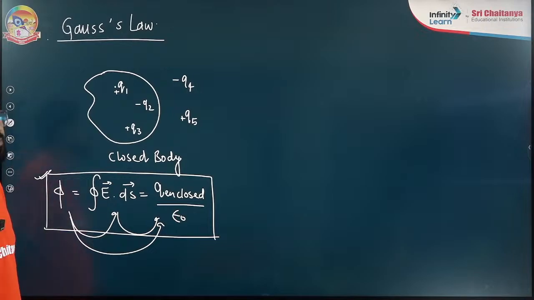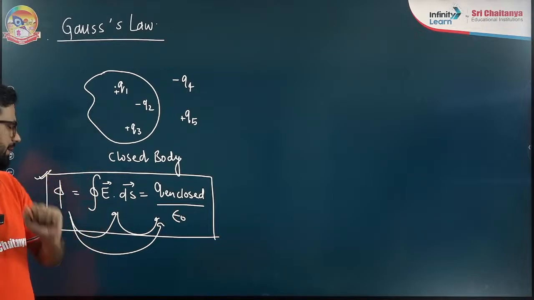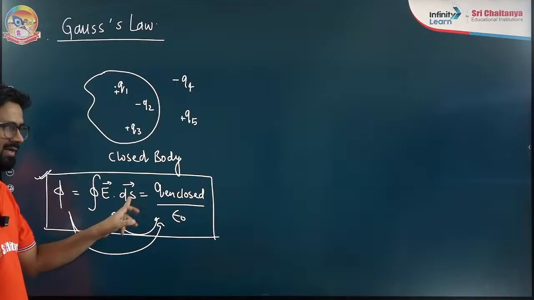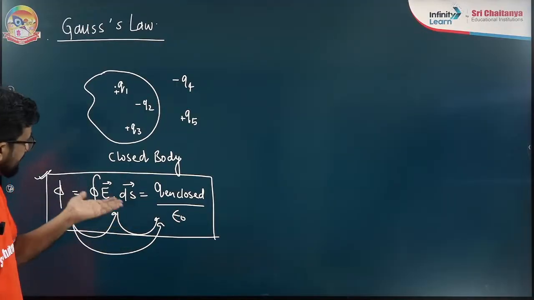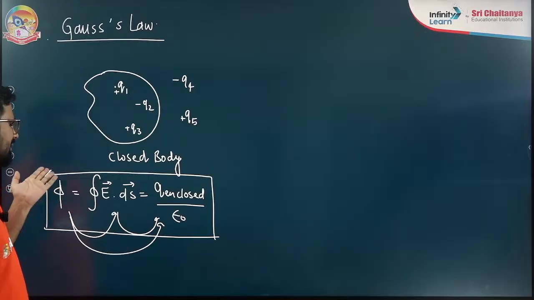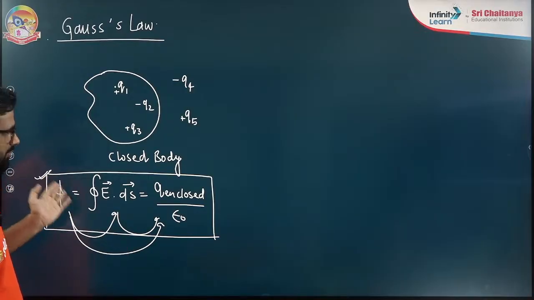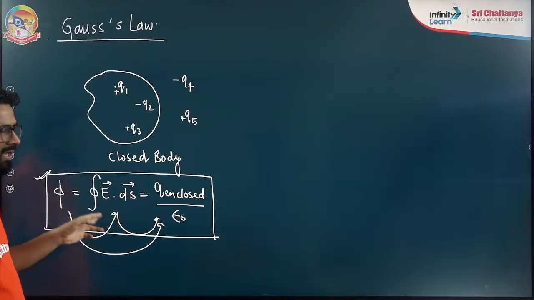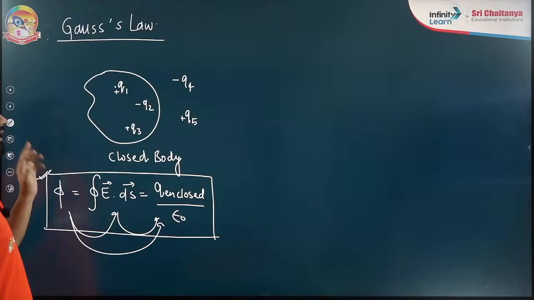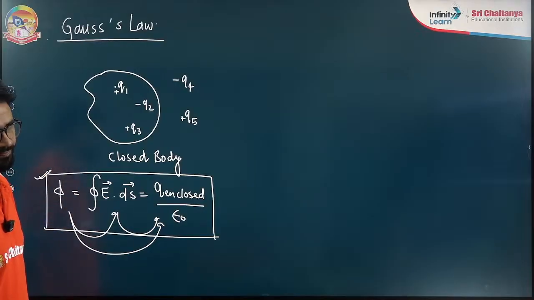To calculate the total flux, there are two ways. Either using the field: if the field is given, then you can solve the flux. Till now I was doing the same job, calculating the flux using the field and area.